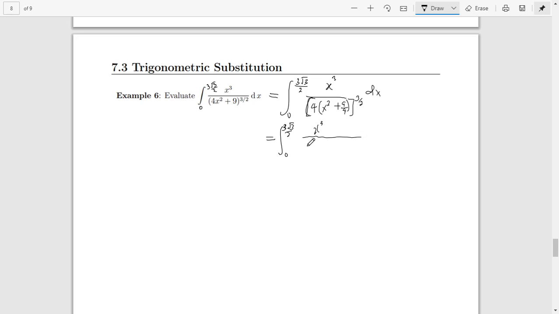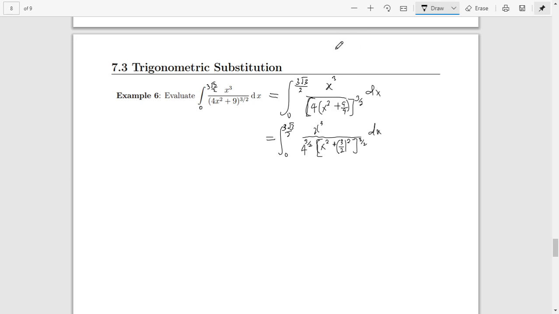I can write this as 4 to the power of 3 over 2 multiplied by x squared plus, and 9 over 4 I can write as 3 over 2 all squared, and then everything here is raised to the power of 3 over 2, dx.